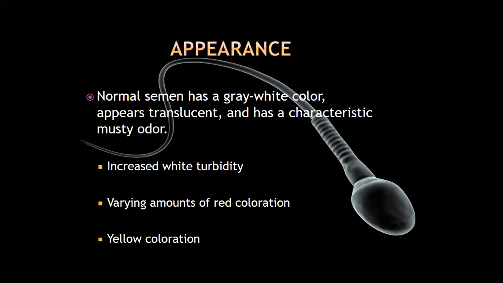By visual inspection, you take note of the color, and you take note also of the odor of the specimen. An increased white turbidity would be present in conditions such as infections. Varying amounts of red coloration is usually present when your specimen is contaminated with blood, and yellow coloration happens in cases of contamination with urine.